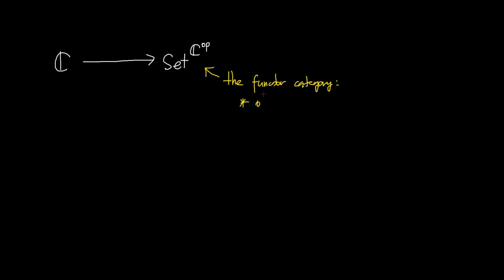Which means that objects of this category are functors from C op to set, and morphisms are natural transformations between those functors.